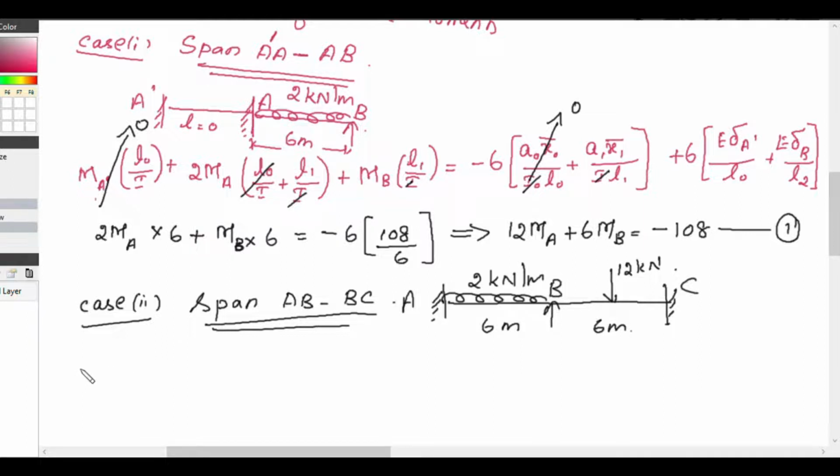So here the theorem of three moments is MA into L1 by I1.